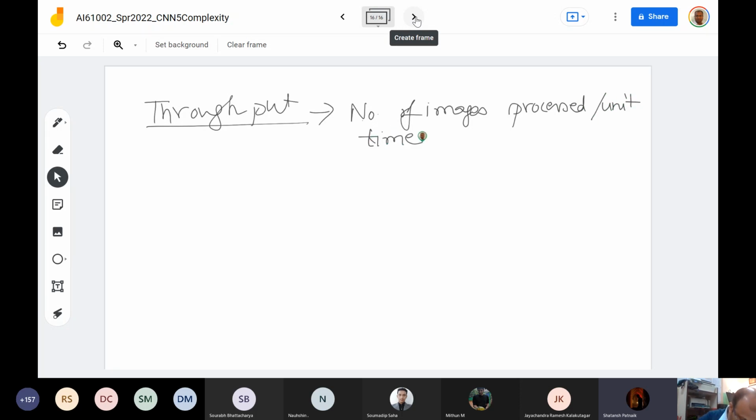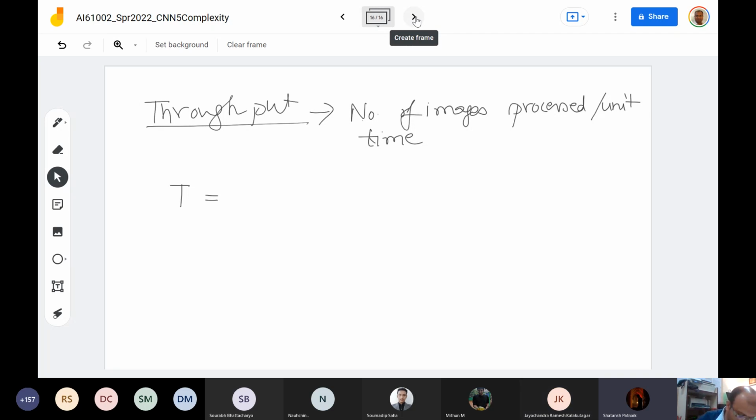So say my throughput is T. What is my T going to be equal to? I know my total number of FLOPs in FMA, and I know my speed. So how can I find the total number of images I can process per second? It will be 1 by 12.23 microseconds.